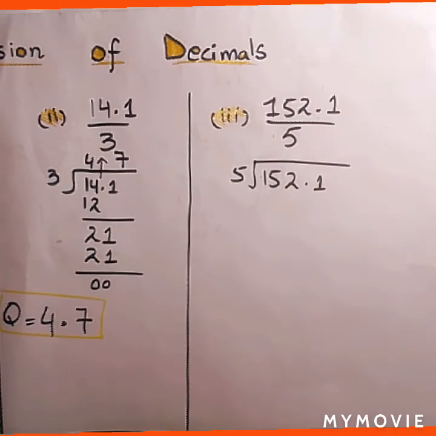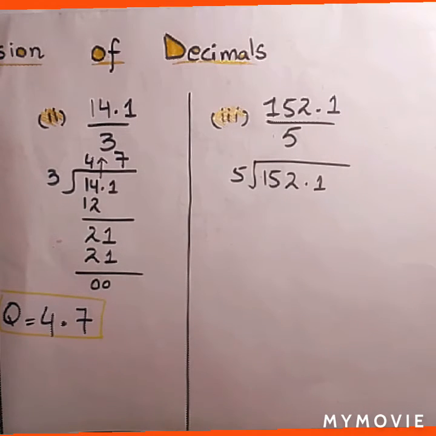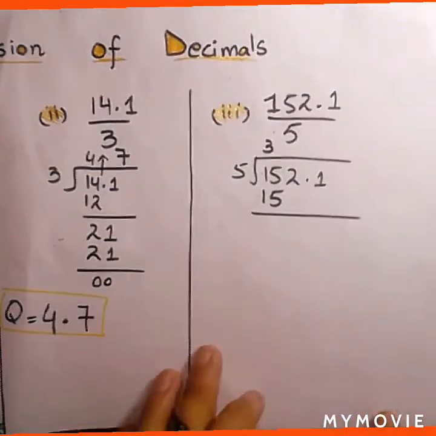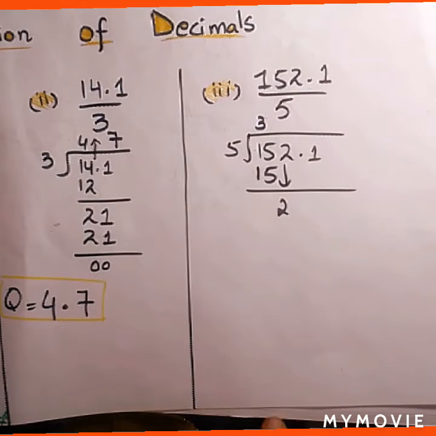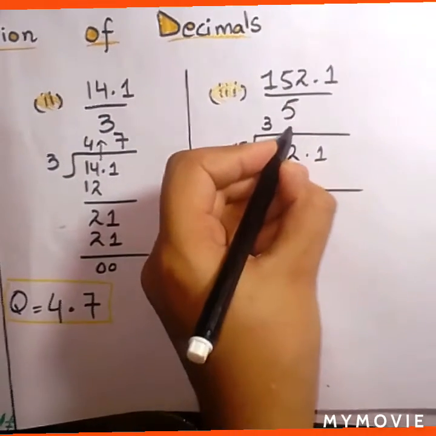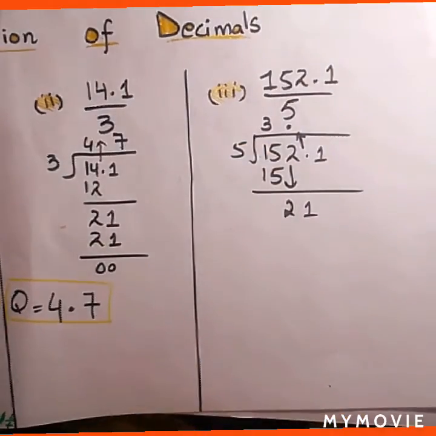I am choosing 2 values because the first value is less than 5. 5 into 3 we get 15. We shift downward, but 2 is also less than 5. We can't divide 2 by 5. That's why we have to shift 1 downward, and 1 can't be shifted without shifting the point upward. We shift the point upward and 1 downward.